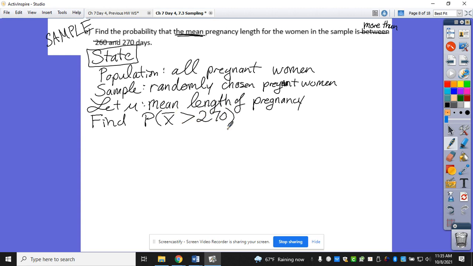Are we doing all the 4 steps or just state? We're doing all the 4 steps, but we've done most of it already. So plan, what is required in plan? 10% condition. Where was 10% condition? Part what? What's our other condition? Where was that one?